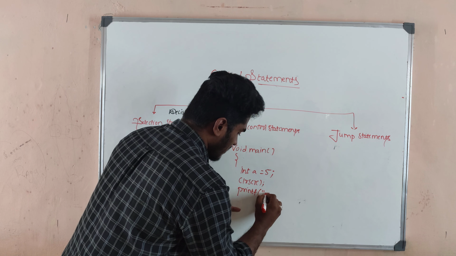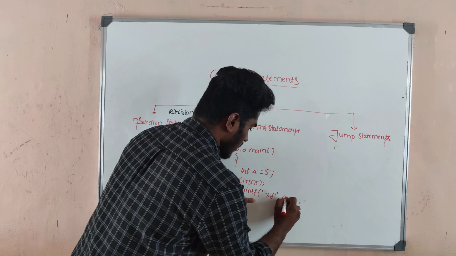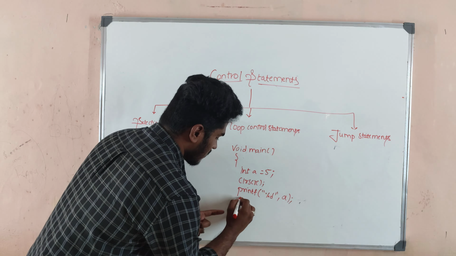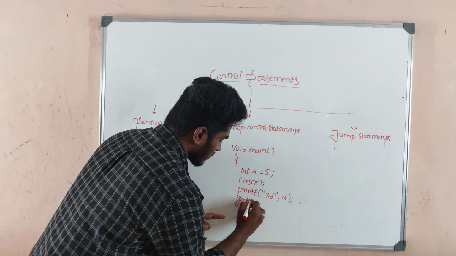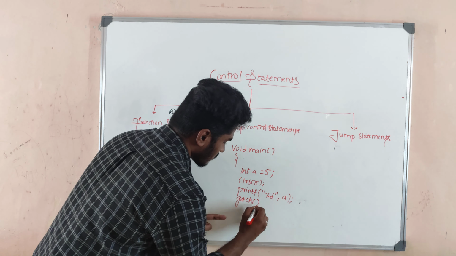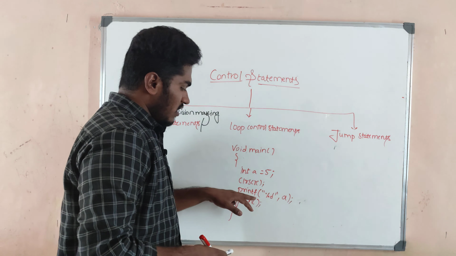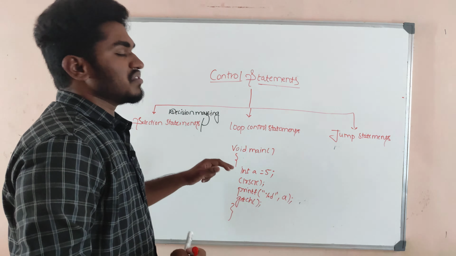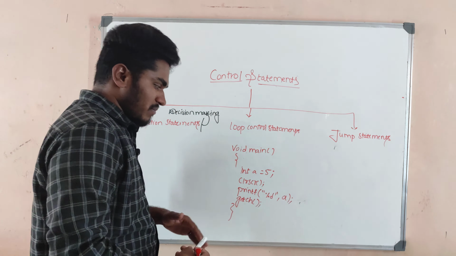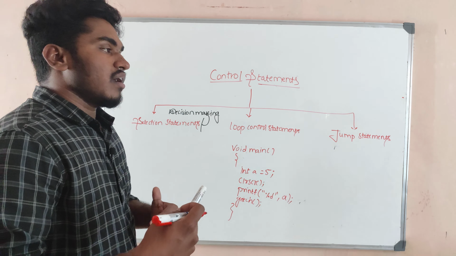I am trying to print this value, I am just giving a, and then getch. So if we want to print anything which we have declared before, or anything which we want to print on the output screen, printf is used to print the output.